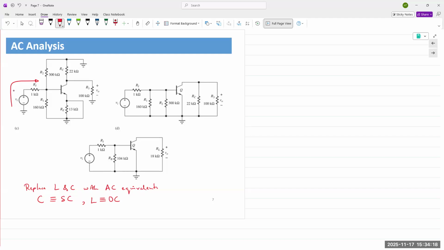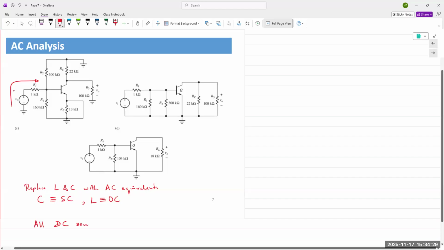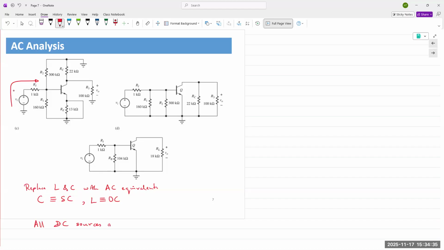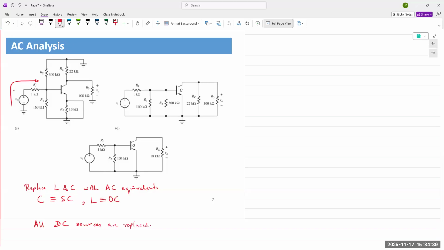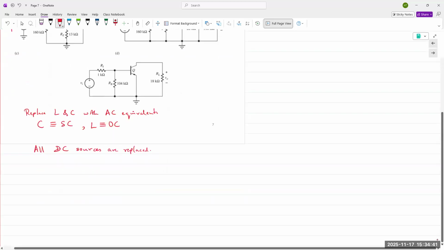So if you have any sources in there, again, remember, we are only performing an AC analysis. So DC sources must be taken out. All DC sources are replaced.